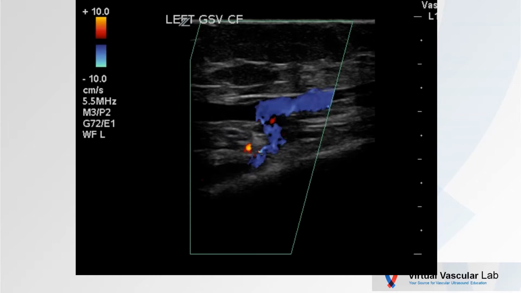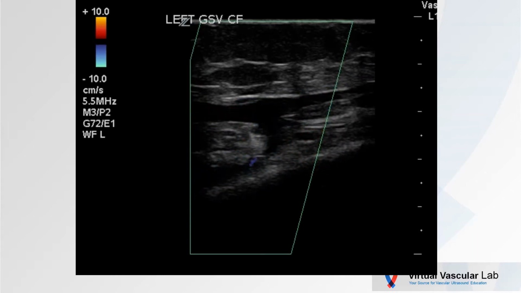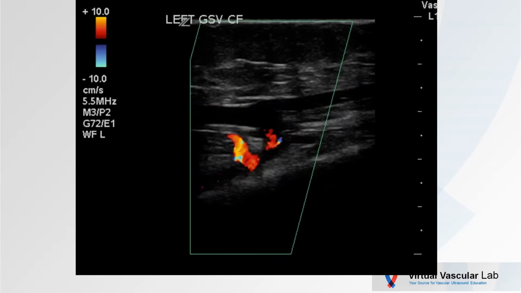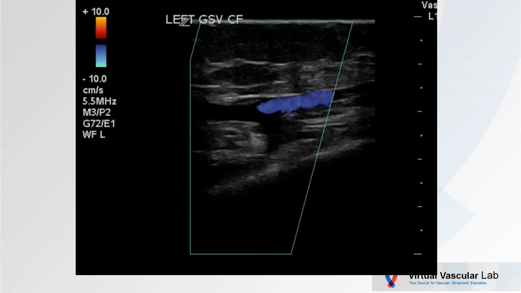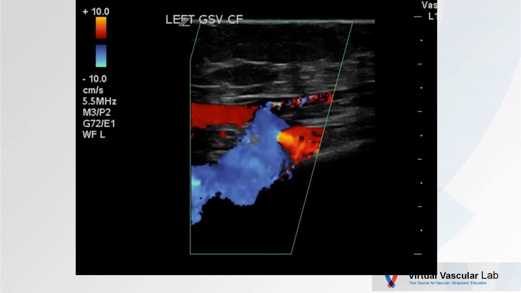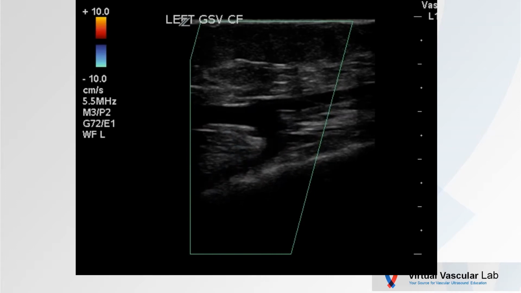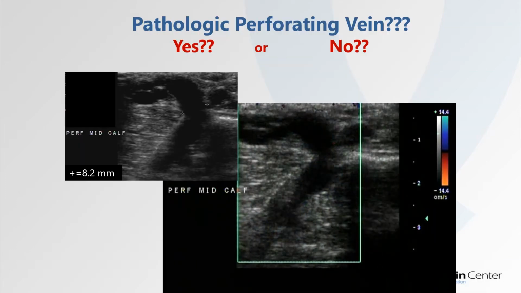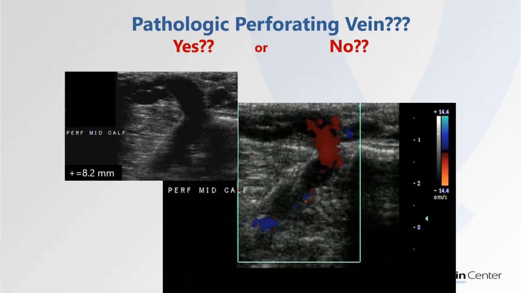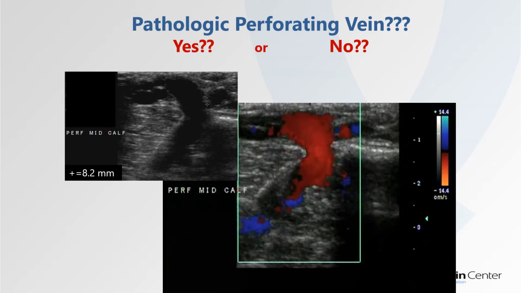Remember, it does that via the deep system. So this concept of a reentry perforator is very important and in fact oftentimes normal following intervention. Keep that in mind. So in our patients, it's very important to differentiate refluxing perforating veins from pathologic perforating veins.